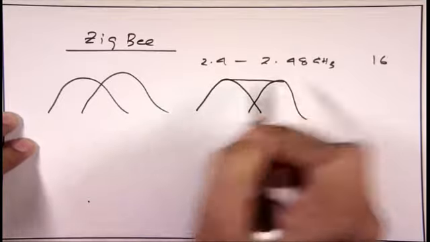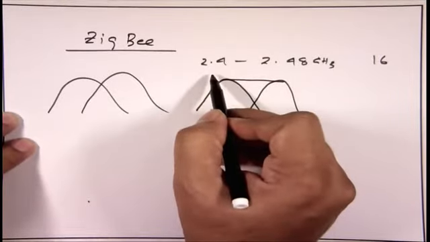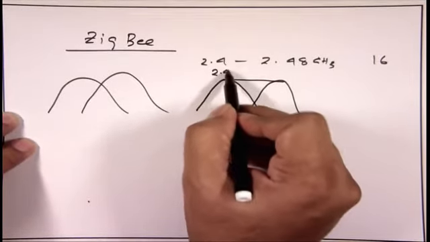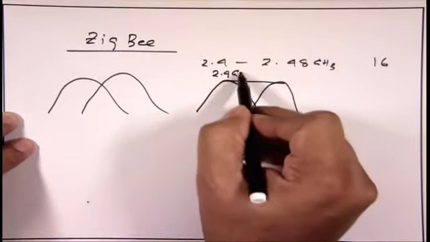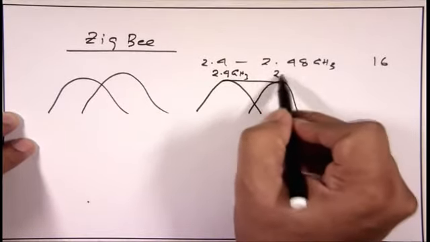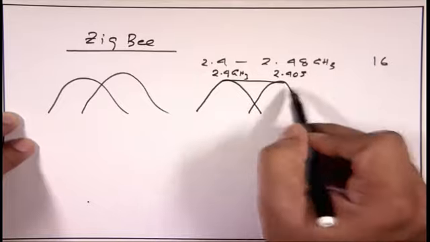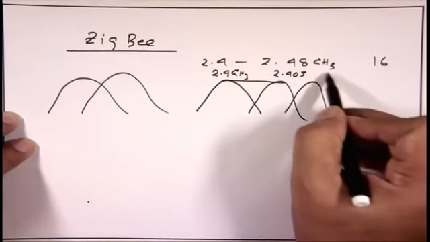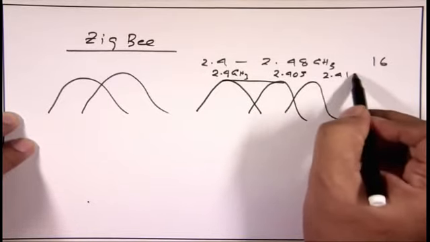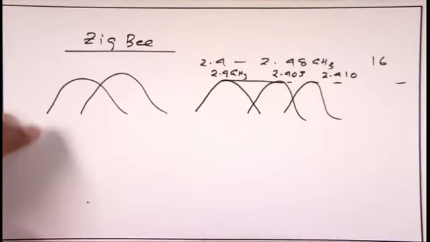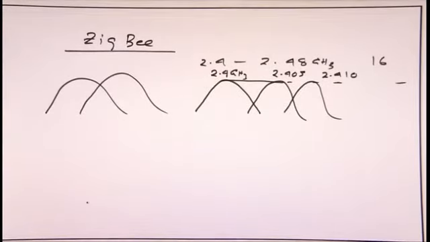So if the lowest frequency is 2.4 gigahertz, then the next one will be what? 2.405. The third one will be 2.410 and so on. So there is 5 megahertz spacing, and the channels are 2.4 to 2.48 gigahertz with 5 megahertz spacing.